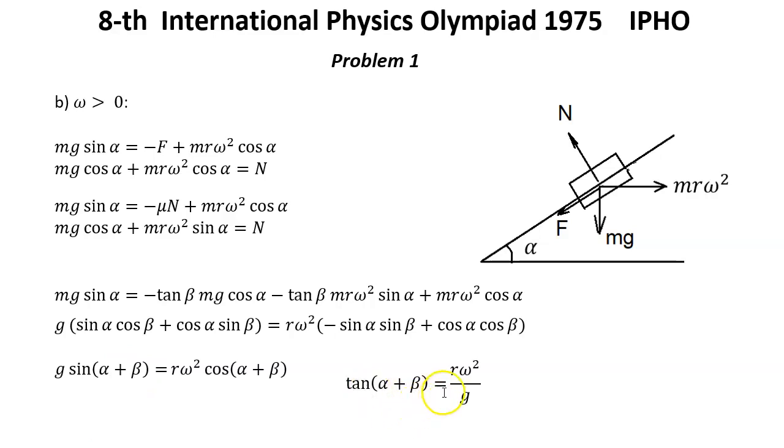Because this is the expression for critical angle, it means that if tangent alpha plus beta exceeds this expression, our body is not moving anywhere. But if this tangent becomes less than this expression, the body starts to move up and right. So that was a full solution for problem number 1.